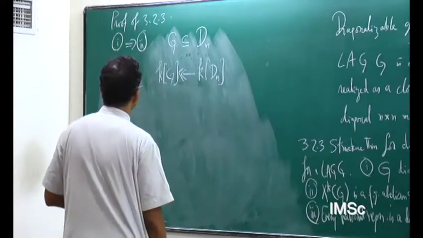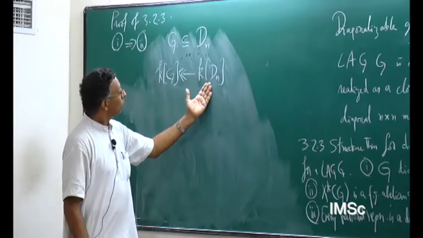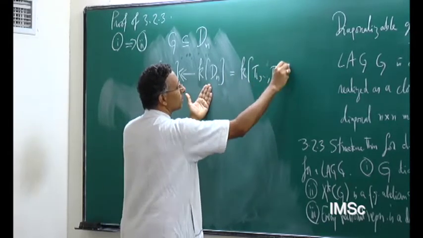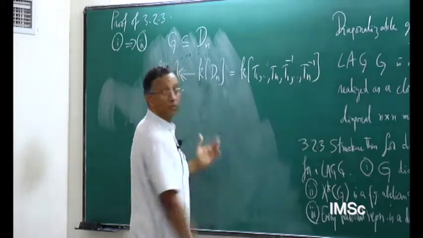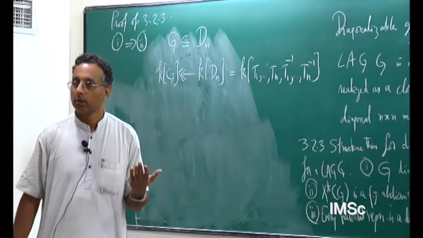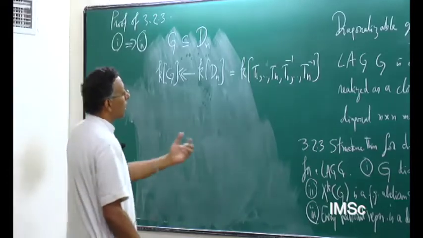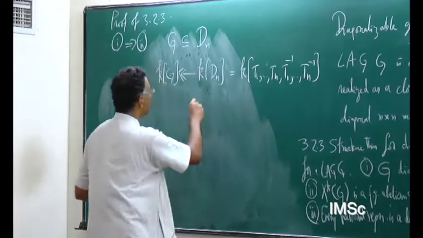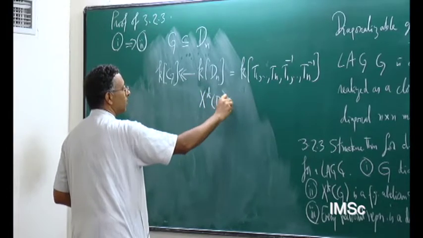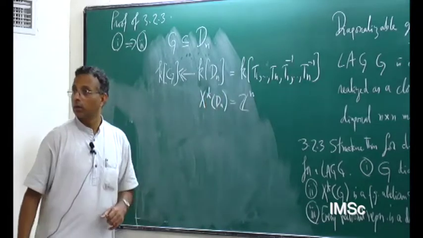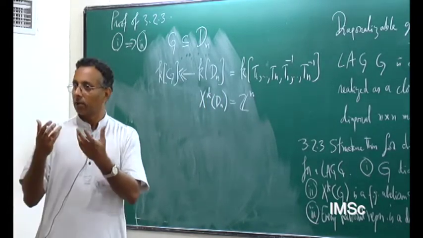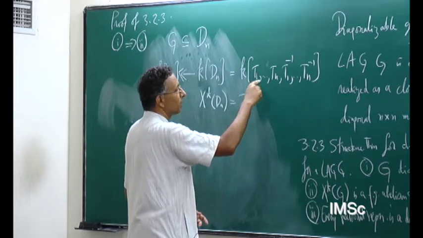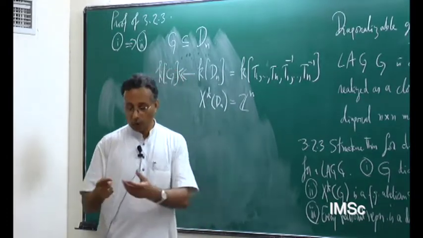Right. Now, what is this? This has this property: chi star Dn, which we observed last time, is equal to the free abelian group on n generators, and you can think of these as, so what is a character?